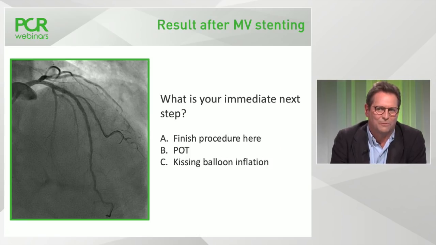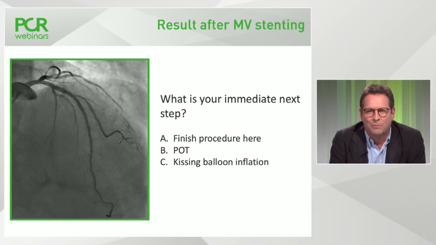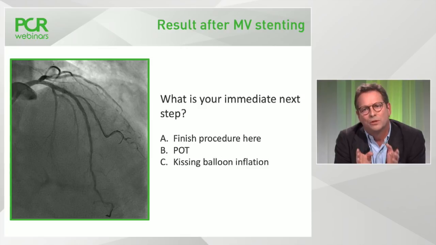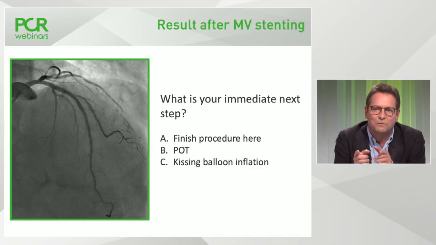Well, thank you. Yes, it seems to be a nice result, but we have to remember that this is in this view. Maybe we should have a further view if we would like to really appreciate the result. But I would like to go a step back, before we put in the stent, to the slide just before the green panel, because what we really need is to be aware of the two steps.